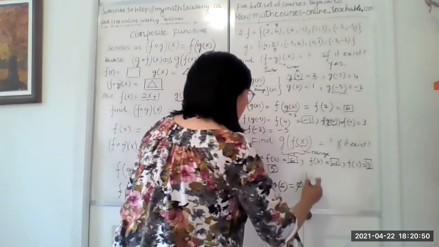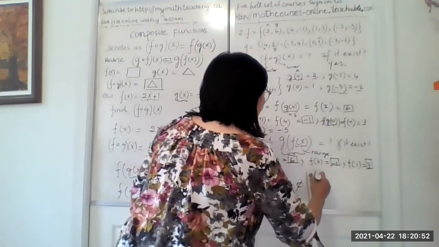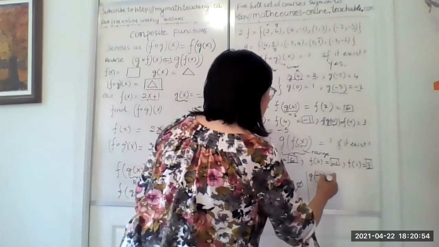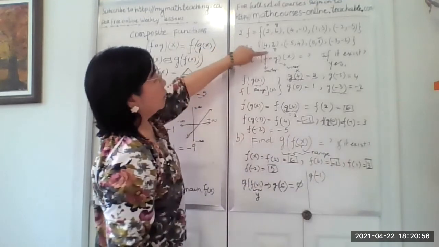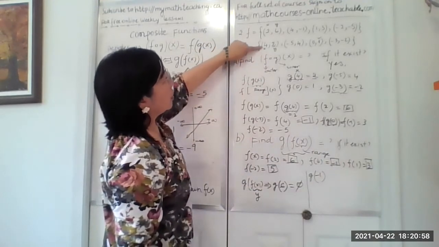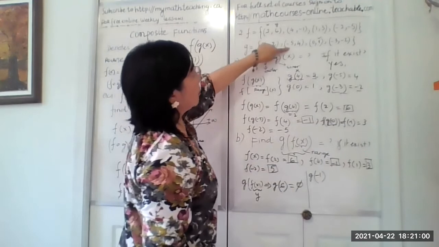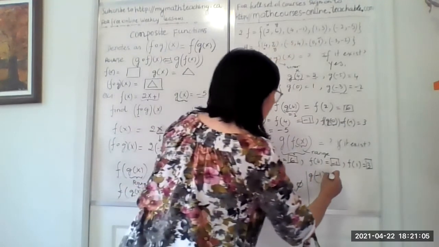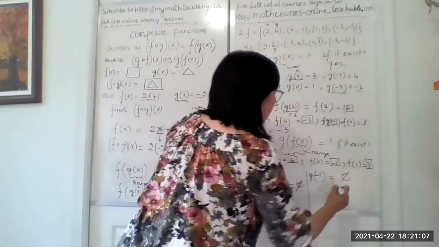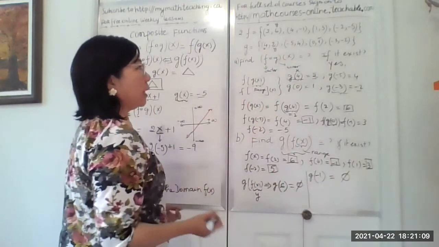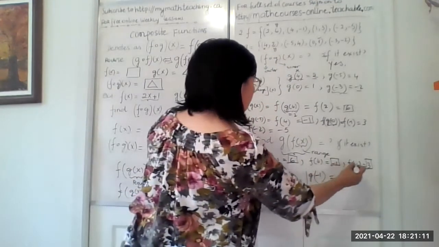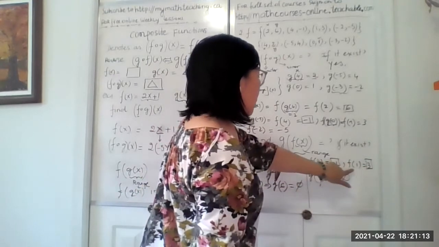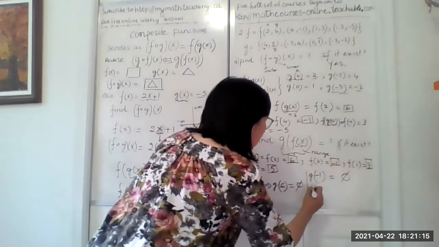Now let's try another one. g of minus 1. Let's look at our function. We have 4 here as the x domain, minus 5, 0, minus 3. Again, we don't have g of minus 1. So it's the empty set again. Now let's do g of 3, right?